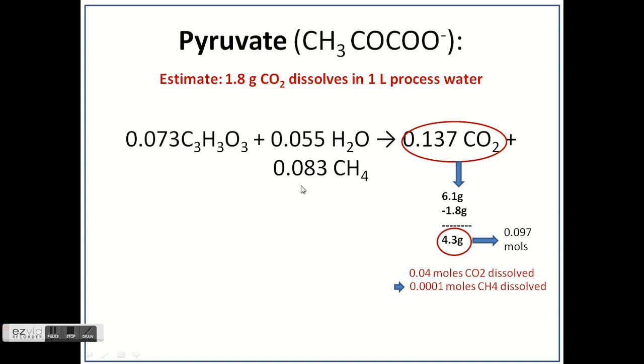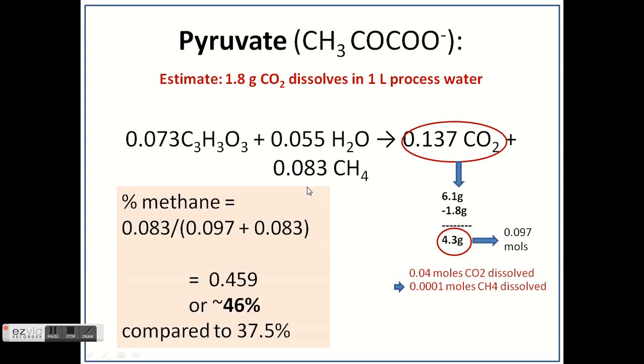We can subtract it, and that would give us 0.0829, which is still approximately 0.083. So we'll just leave it like that, and in our new calculation, we have 0.083 moles of methane.